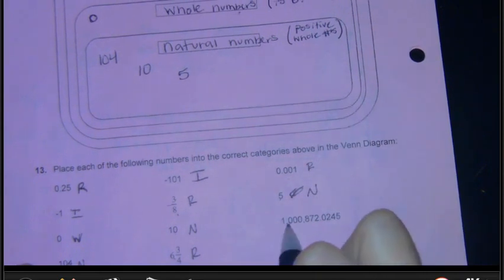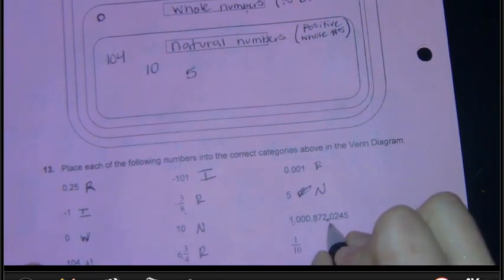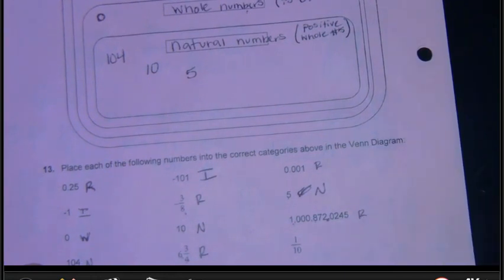Now let's check this one. I have 1,872.0245. Because I have that decimal here, it makes it a rational number.